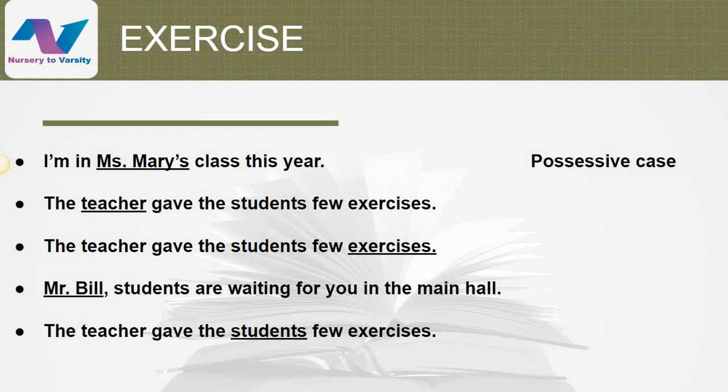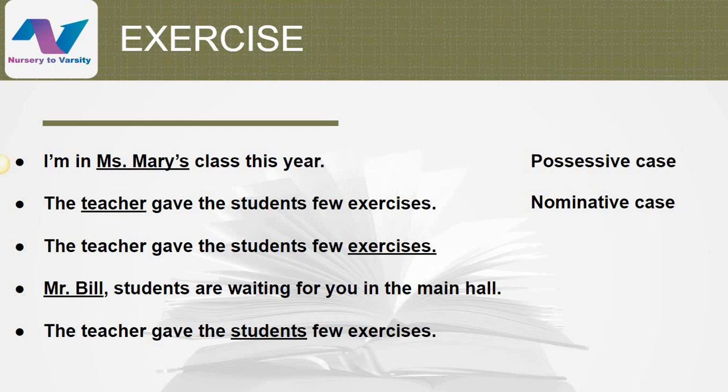Moving on to the next sentence, the teacher gave the students few exercises. What's "teacher" here? As we know, teacher is simply the subject of this sentence, and when a noun as a subject is there in the sentence, it is all about nominative case.